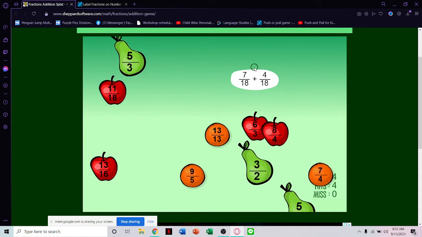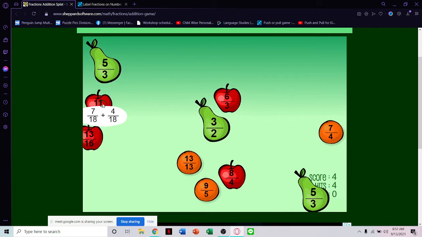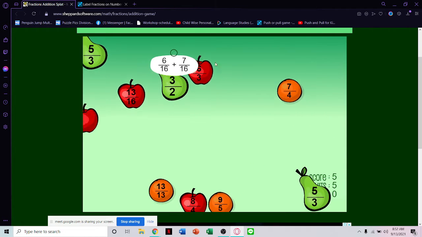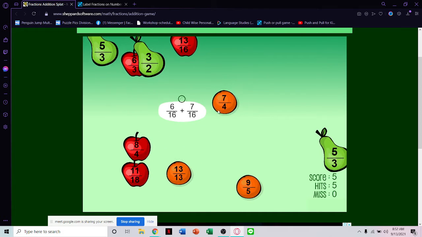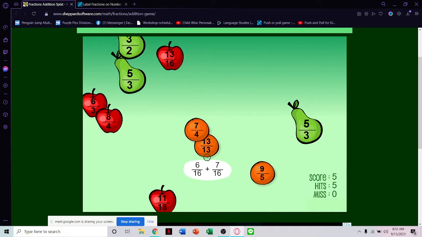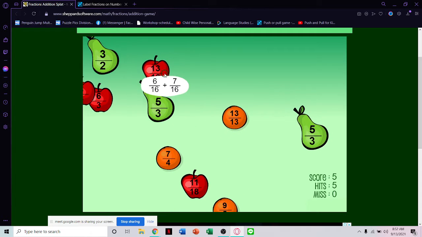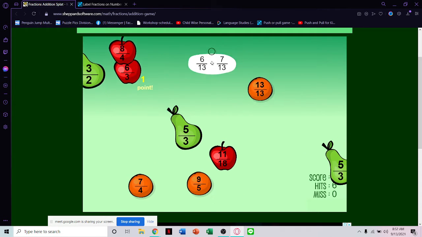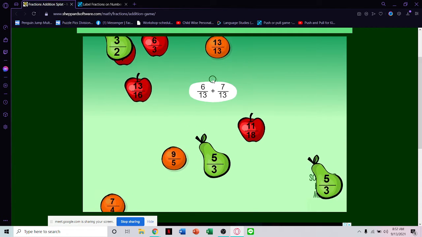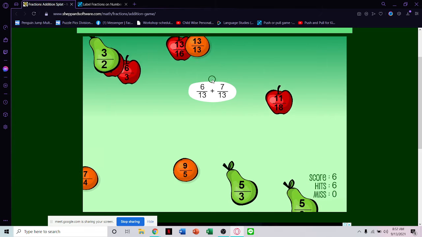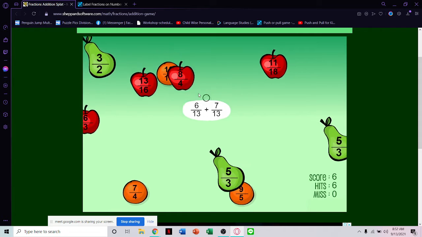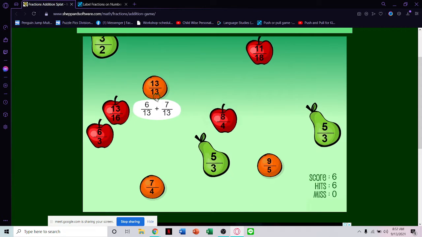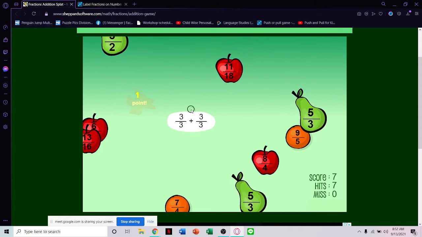What is it? 11/8? 11/18. 13/16. Not this one. Next, 6/13 plus 7/13. That is 13/13, but we don't have 1, so we'll just press this. 13/13. Okay, correct.